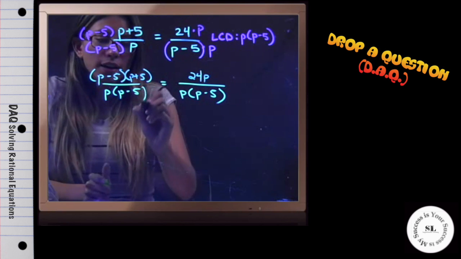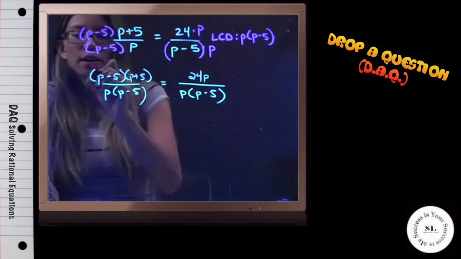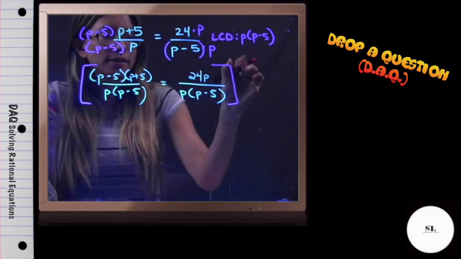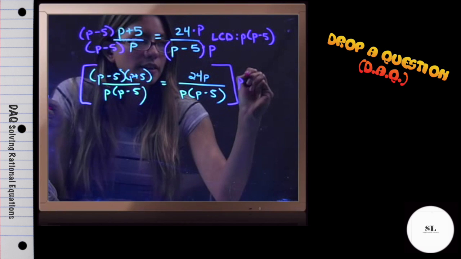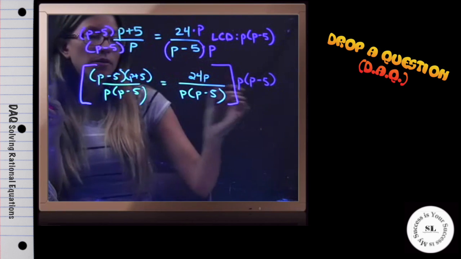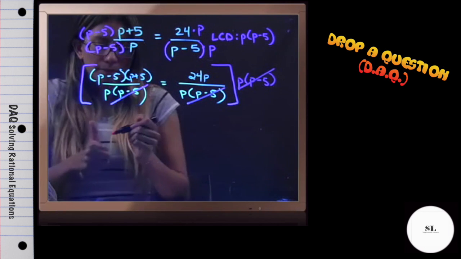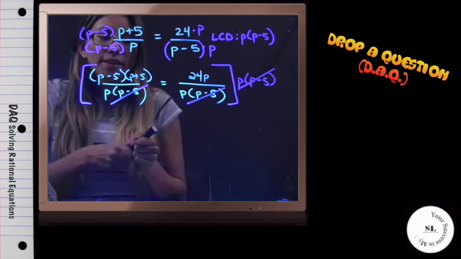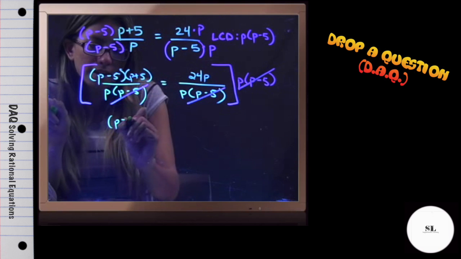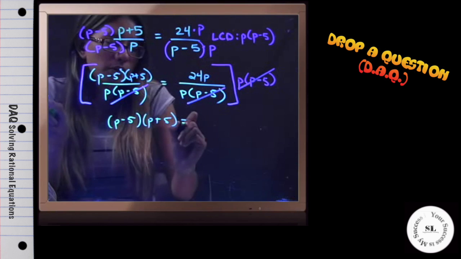To get rid of the denominators and simplify this a lot better, we're going to multiply the whole equation by the LCD. And this will cancel out our denominators and make it a much simpler equation. So when canceling, simply like that. And all that's left is your numerators equaling each other. So we'll have P minus 5 multiplied by P plus 5 equaling 24P.